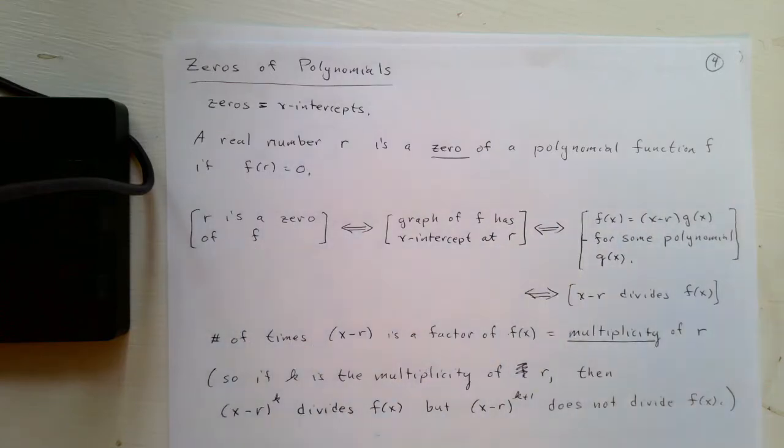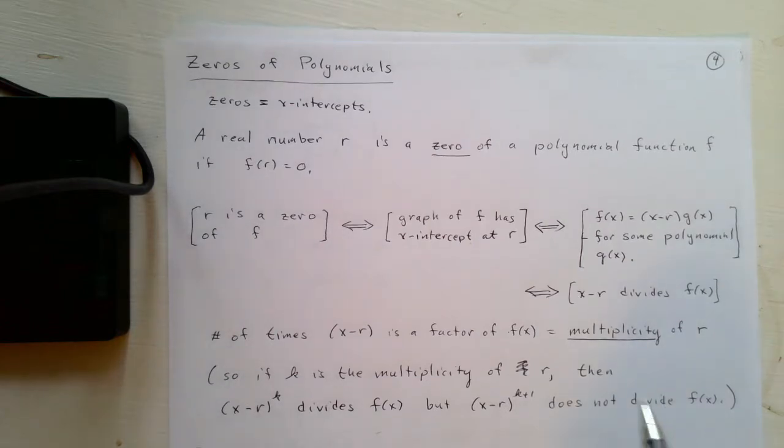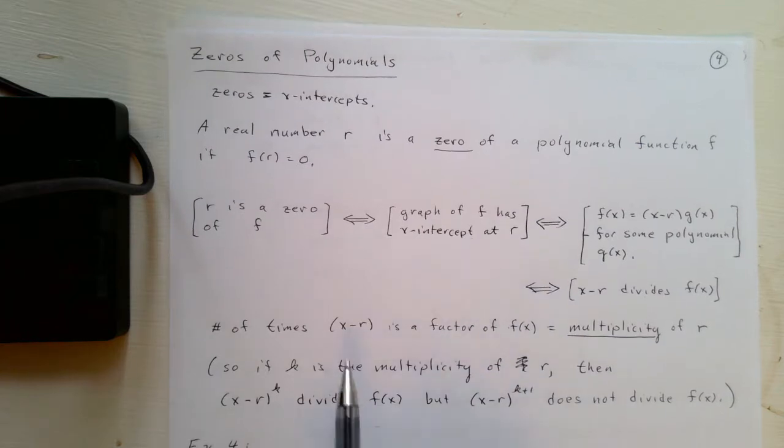That's something that involves long division of polynomials, and we won't be covering that here. But the important thing is that the factor is x minus r. It's not x plus r.